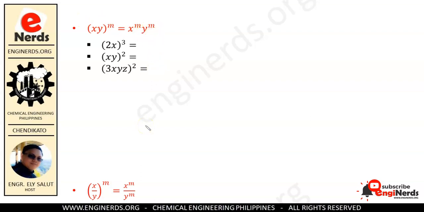So, let's solve a problem here. Number 1, we have 2x cubed. Okay, so like I said, this has an exponent of 1. So, we have 2, then 1 times 3 is equal to 3. And then x, 1 times 3 is equal to 3.